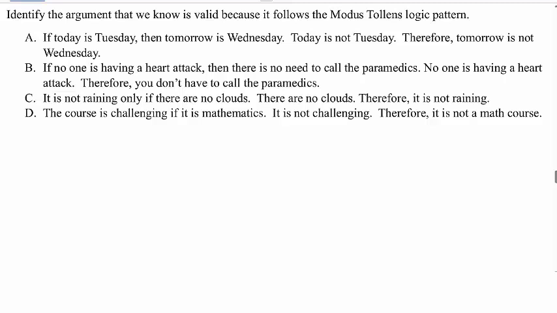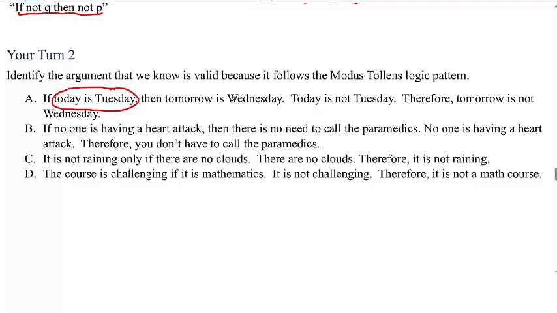Okay, so let's see if you got it right. So in part A, we have if today is Tuesday. Oh, before I do that, let's remind ourselves what we're looking for. We're looking for a conditional statement to be our first premise. And then the second one to say that Q didn't happen, that the conclusion didn't happen.